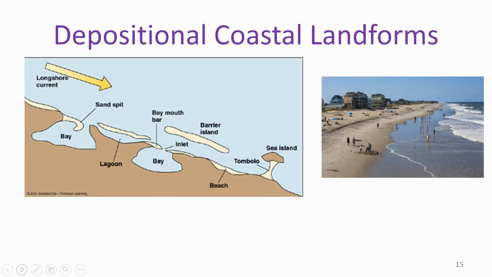So, depositional coastal landforms. Remember, we have our longshore current that is moving all the sand, a net movement of sand in its direction. And some things that we can see here that can be formed: we have sand spits. We have a sandbar, which we can see right here.